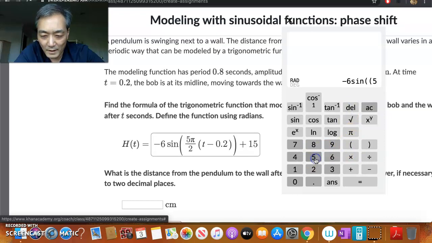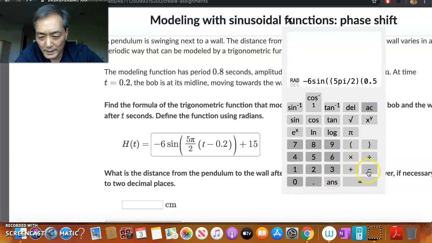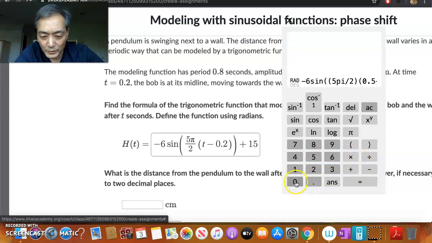Okay, 5 pi divided by 2, close up the parentheses, and then it's going to be open up another set times our variable. Oh, that's 0.5, right? They wanted 0.5 seconds. So 0.5 minus 0.2. We could have easily just written 0.3, but we can just do the whole thing out.